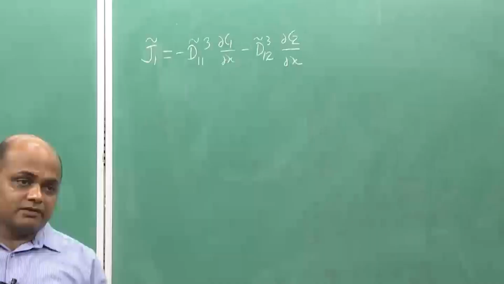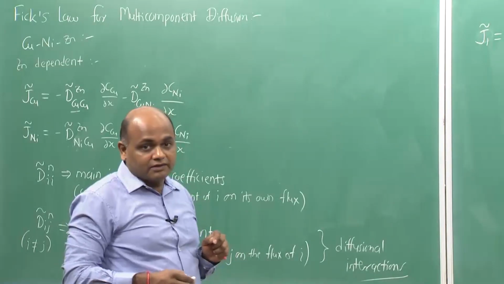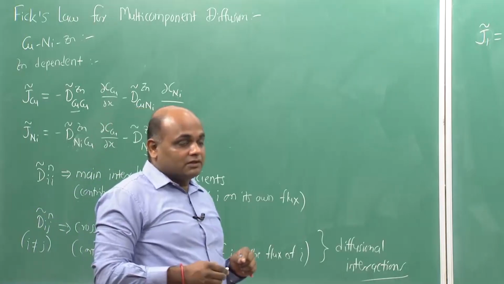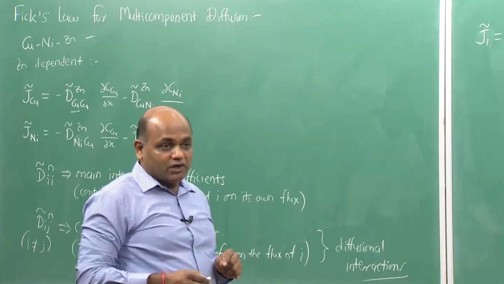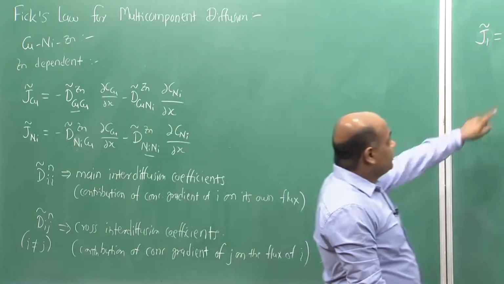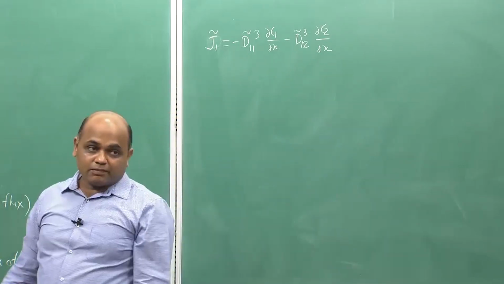The main term most of the time will be positive, although it is not necessary, because D_11~^3 is D_11~ minus D_13~, but D_13, the cross effect, would be much smaller compared to the main term D_11. So, most of the time this term will be positive. The cross term D_12~^3 may be negative or positive.